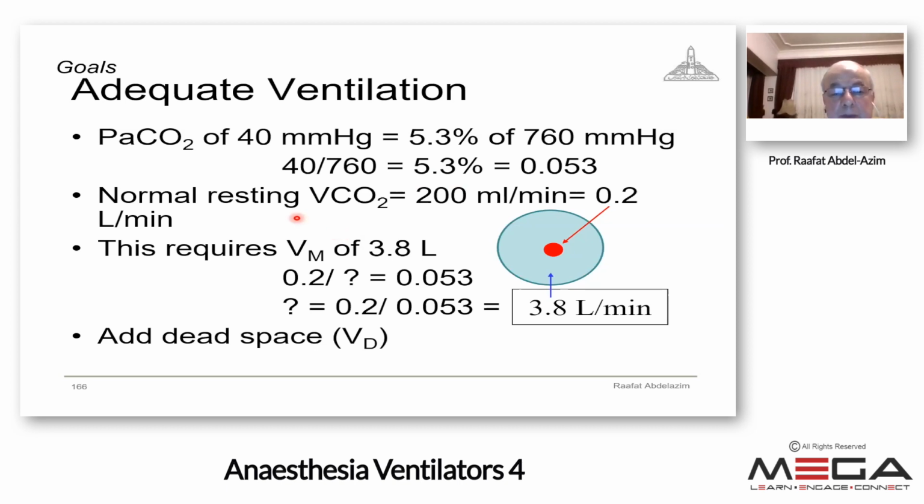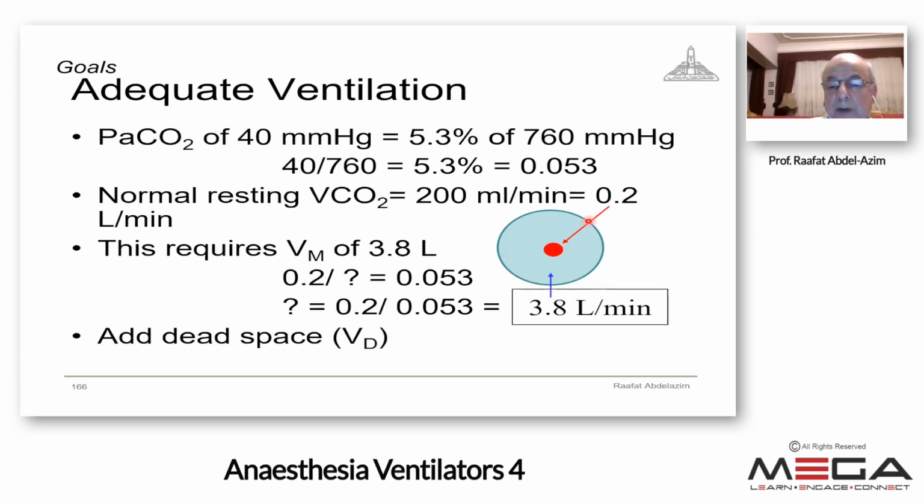The normal carbon dioxide production in a healthy individual is 200 milliliter per minute. That is 0.2 liter per minute. This 0.2 liters per minute, represented here by this red point, is in a minute volume represented by the light blue circle. So we want to keep the relationship of 0.2 liter in something that is the minute volume.